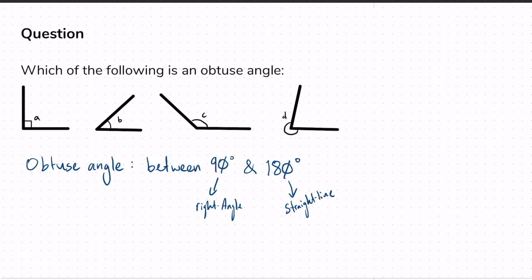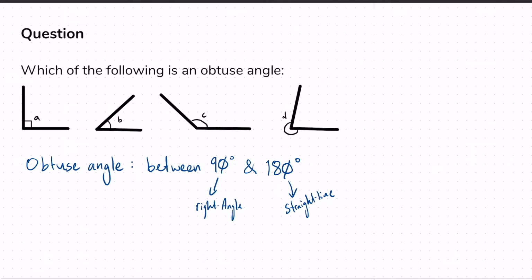So let's have a look at our candidates, right? A is a right angle. So immediately we know that's not, because it's not between 90 and 180, it is 90, so it's a right angle. B is less than 90. So again, that's also outside of the range. C, however, if it was a right angle, it would come up here, moves out, and it doesn't go past that straight line.